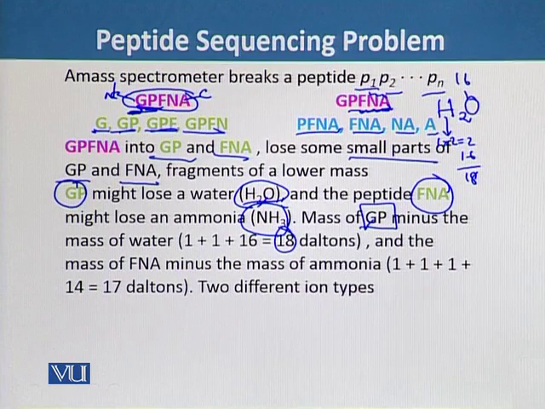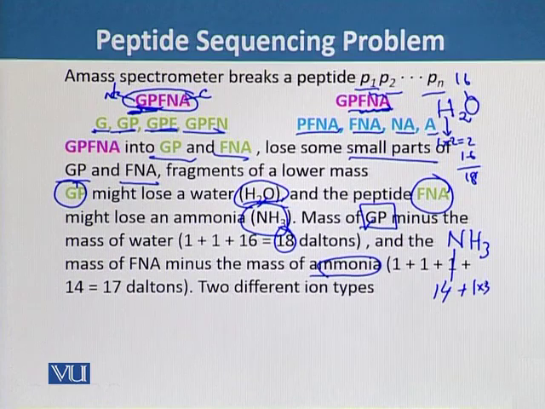Similarly, because a molecule of ammonia is removed from FNA, we remove the mass of ammonia: nitrogen is 14 plus 3 hydrogen atoms of 1 each, so 14 plus 3 is equal to 17. We subtract 17 from the FNA peptide. So peptides missing water and ammonia are two different ion types that we can consider in fragmenting a peptide in a mass spectrometer.